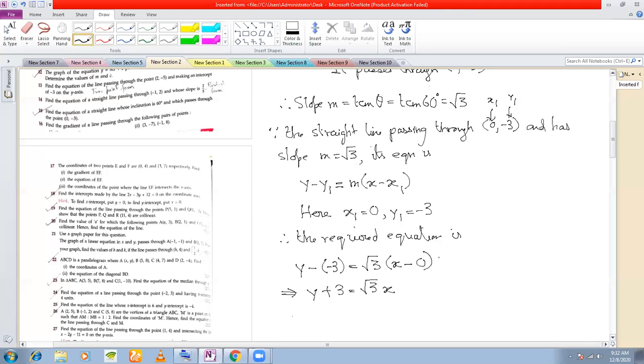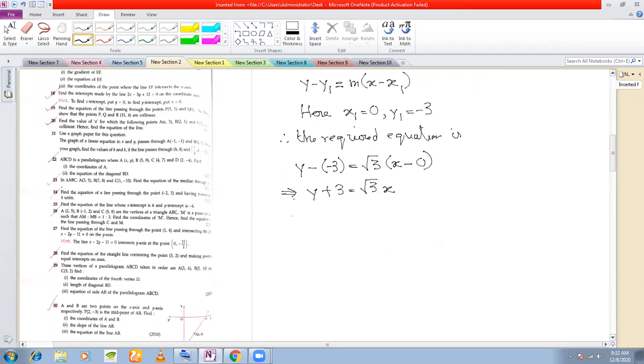We normally write this in the general form. So take x and y, take everything on one side. You get -√3x + y + 3 = 0. But since the coefficient of x is negative and it does not look good when you start an equation with a negative, you convert that to positive.